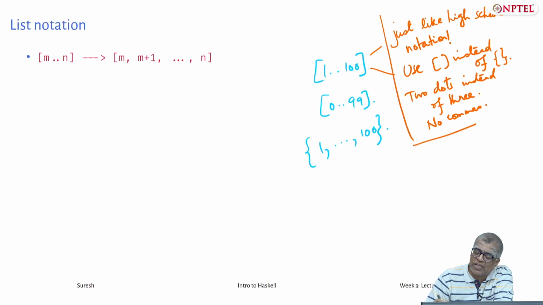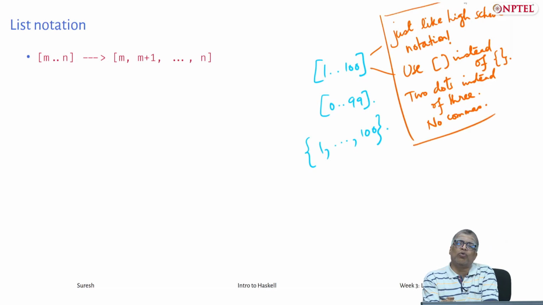Okay, but that is just some syntactic thing. It's meant to very closely mimic the high school notation that you are used to. Within braces, 1 comma dot dot dot comma 100. That's what you would write in a math class. Here you would just write within brackets 1 dot dot 100.